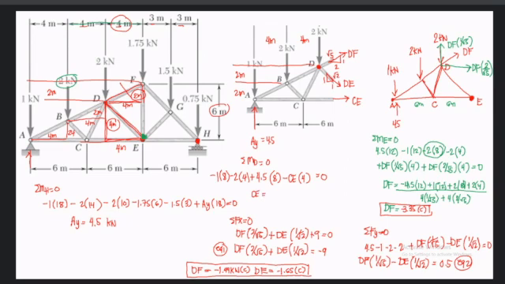So, this is your CE. So, solve natin. Thank you for that, Aaron. No? So, this is negative 8 minus 8 plus 4.5 times 8 divided by 4. Okay, so what's your CE?